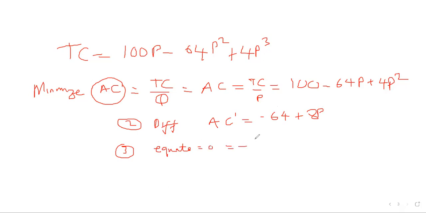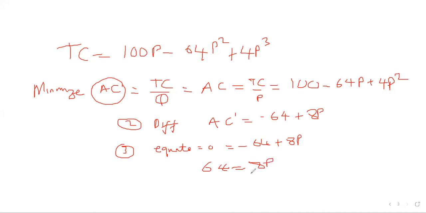So we have negative 64 plus 8P equals 0. When this one goes to the other side, we have 64 is equal to 8P.